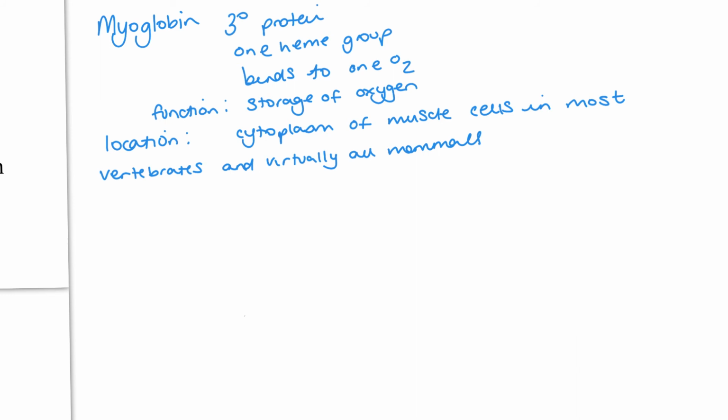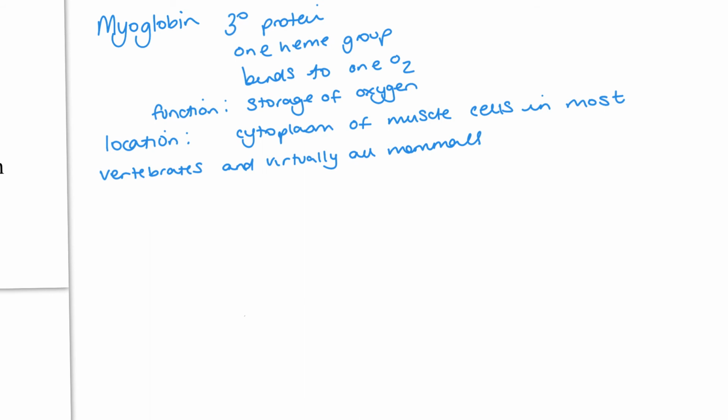So myoglobin has a much higher affinity for oxygen than hemoglobin. And the job of myoglobin is to store oxygen until the muscle cell is exercising heavily and is desperate for some oxygen. It's to tide the cell over in that really short space of time where it's no longer receiving enough oxygen from hemoglobin, and the cell doesn't want to have to go into anaerobic respiration.